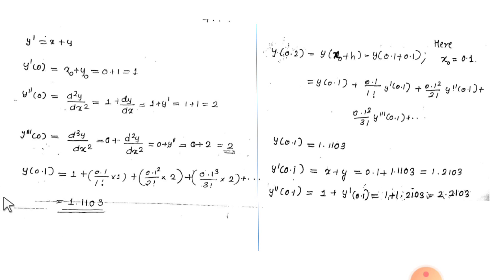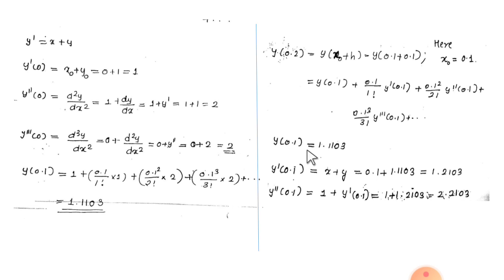In the above equation, while solving the first one, we have taken x0 as 0, is it? But while doing y of 0.2, we have to take x0 as 0.1. So substituting the values, you will get y of 0.1 plus 0.1 by 1 factorial into y dash of 0.1 plus 0.1 square by 2 factorial into y double dash of 0.1 plus 0.1 cube by 3 factorial into y triple dash of 0.1.